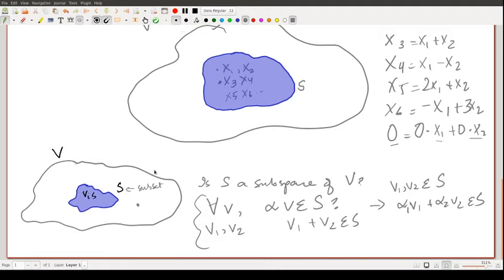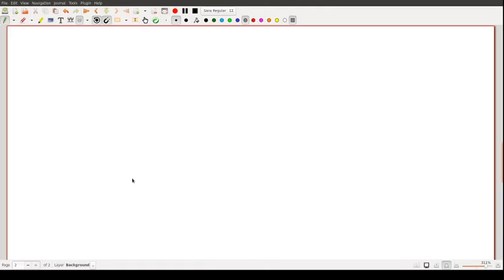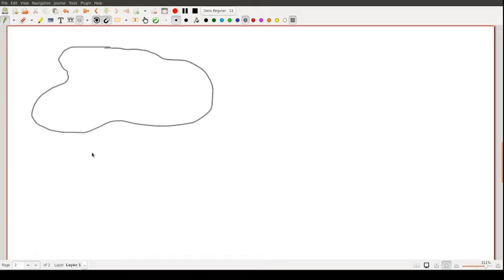Okay, and so at this point the question arises, let's suppose I want to expand this subspace. Now we have a subspace, let's say we had a vector space V, and we created a subspace by taking all possible linear combinations of x1 and x2, right?